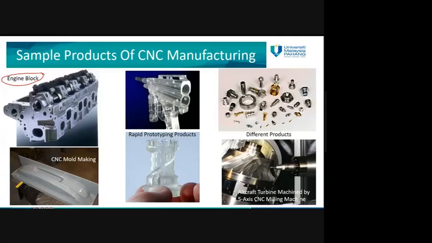Rapid prototyping, you can use some materials to produce such a prototype. Also, you have different products here, such as nuts, bolts, and so on. Also an aircraft turbine, machined by 5-axis CNC milling machines, as you can see here. So all fields of manufacturing currently use such CNC machines.